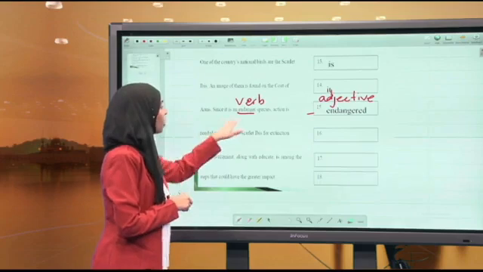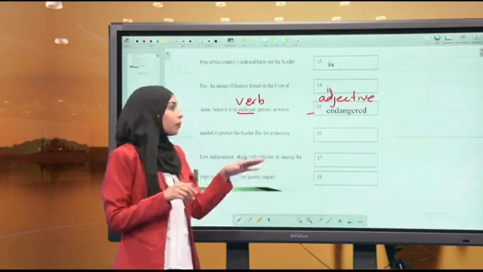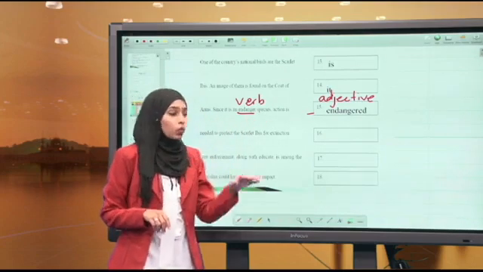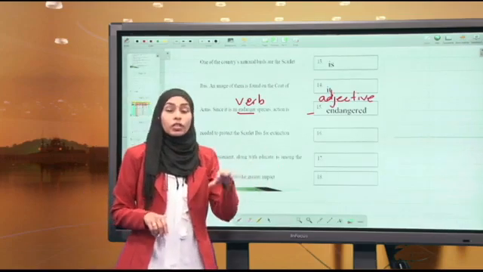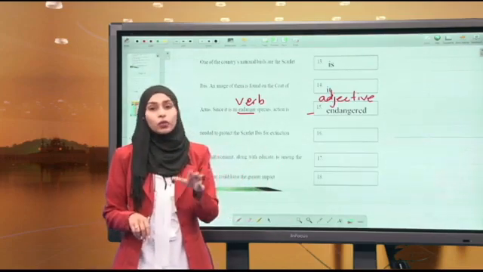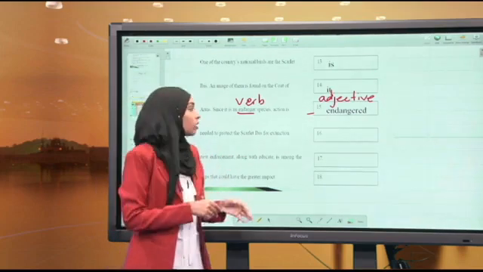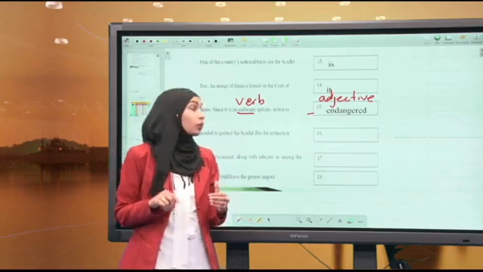So if you are not familiar with this, please practice it. Practice changing verbs into adjectives. And you will also note later down, when we come down a little lower, you will see how we can change verbs into nouns as well. So verbs can be changed into nouns and then to adjectives and even adverbs. So that's another table, another set of rules there we will actually have to go through, okay?